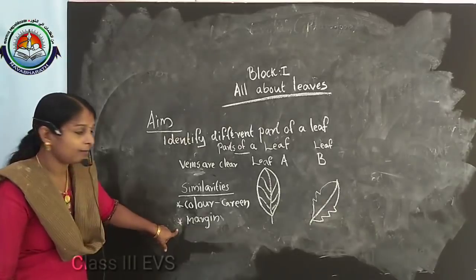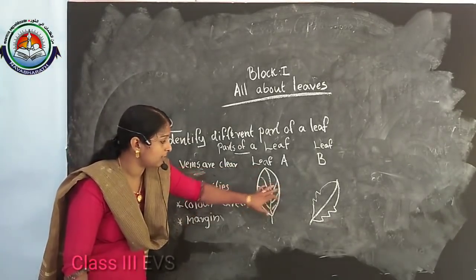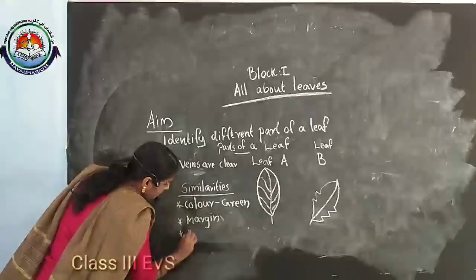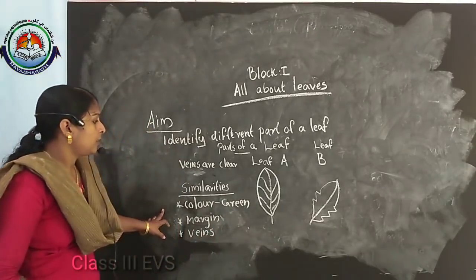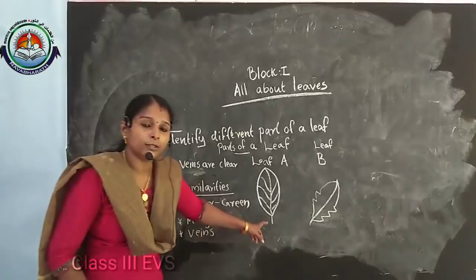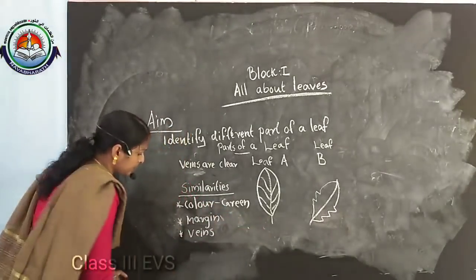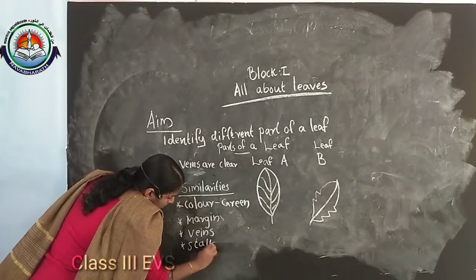Another similarity we can say is that both leaves have veins. Then each is connected to the stem by a stalk. So each has a stalk. That also we can say is a similarity.